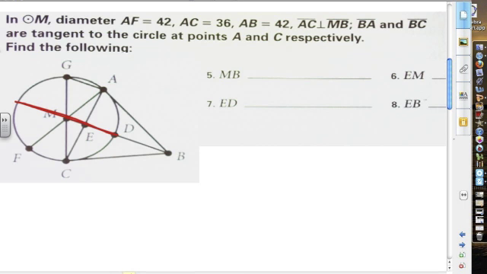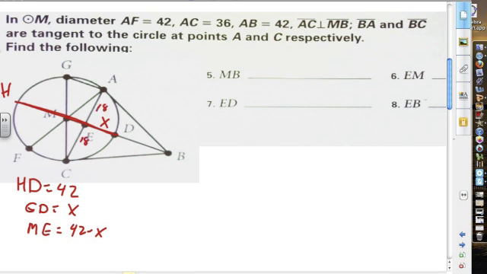So now I have E all the way over, let me see, what should I call this? I'm going to call it H. HD is a diameter, so it would be 42. Okay, let's let ED be X. That means ME is 42 minus X. Now, I do know that A to E and E to C, we already figured those out.